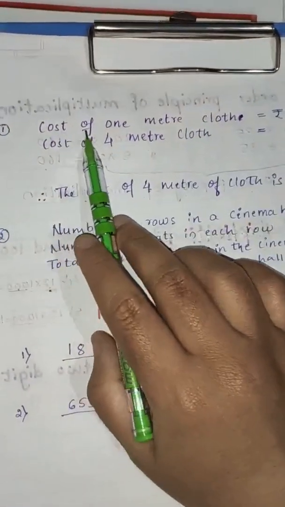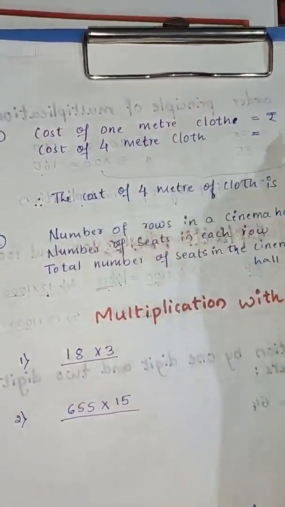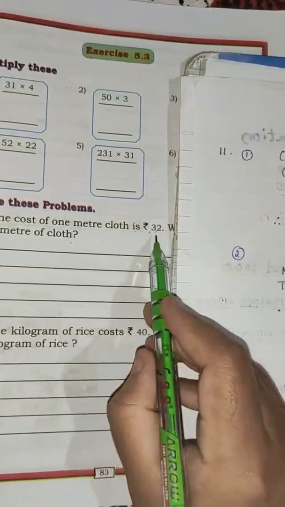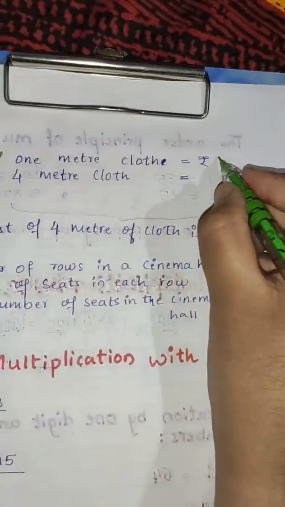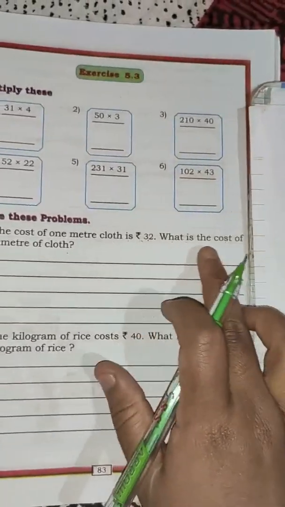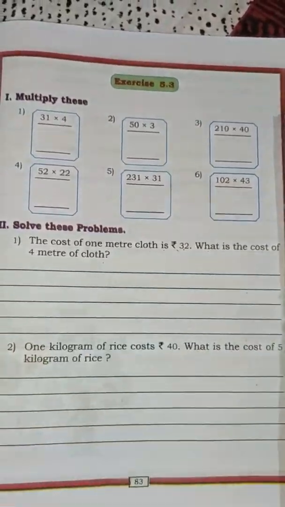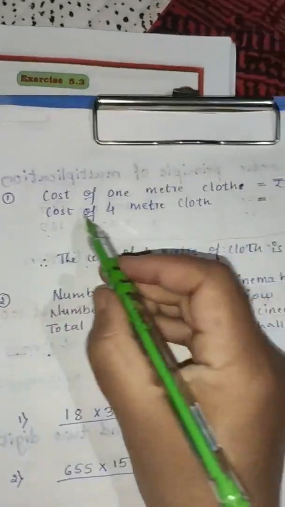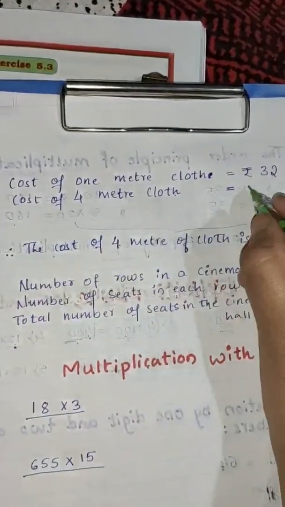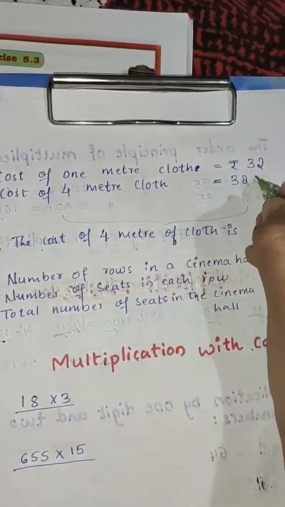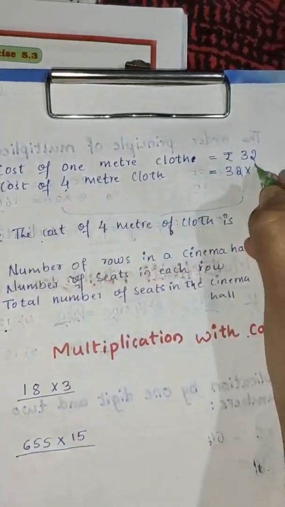So cost of 1 meter of cloth is equal to rupees 32. Now, second one, what is the cost of 4 meters of cloth? So, cost of 4 meters of cloth is 32 into 4.